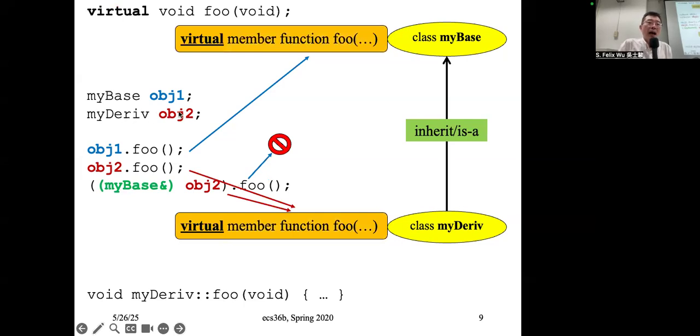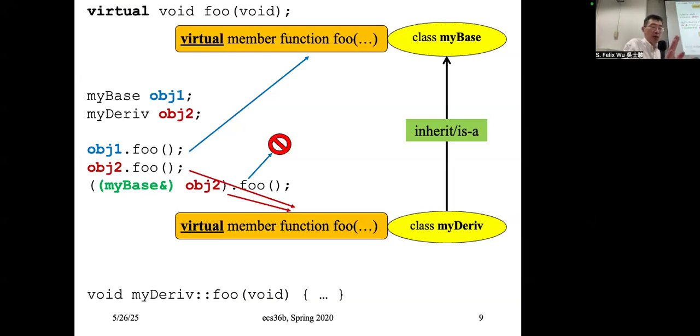Therefore, regardless of how you cast, or move the pointer here and there, it will always call my derived version of the virtual function. This happens when we do dump to JSON or JSON to object. It always asks which type you created to determine which version of the function you're going to use. Okay, this is the concept for a user of virtual functions.